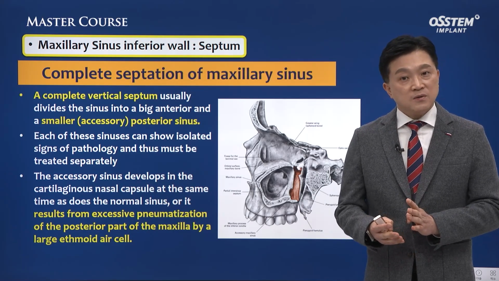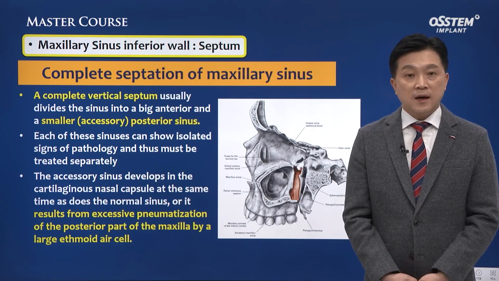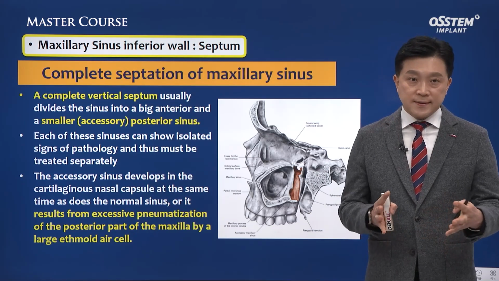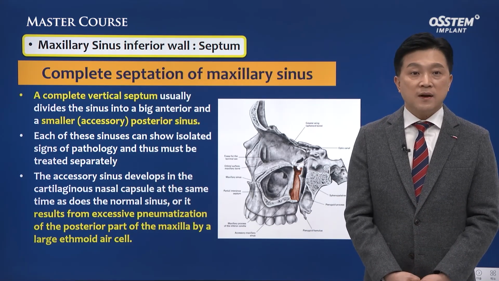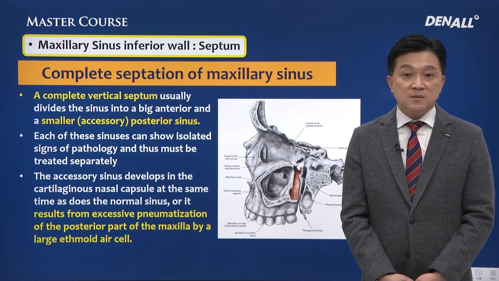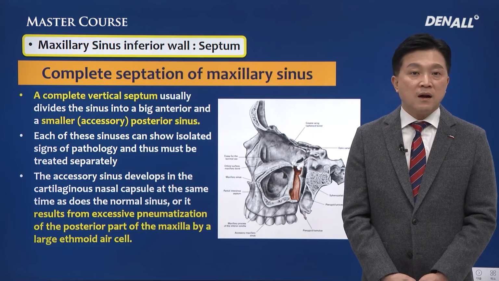By complete septation, it refers to a situation where sinus is completely divided into two, and the bigger part is referred to as the sinus and smaller part as accessory sinus. When a single sinus is divided into two compartments, we refer to this as complete septation.